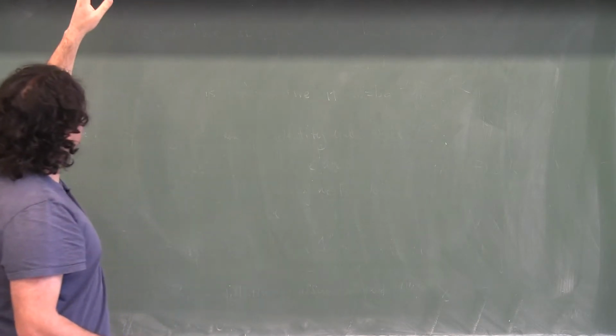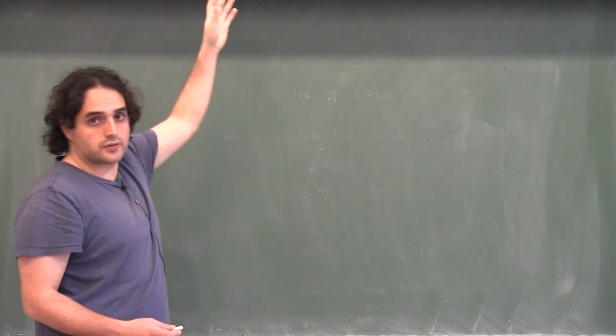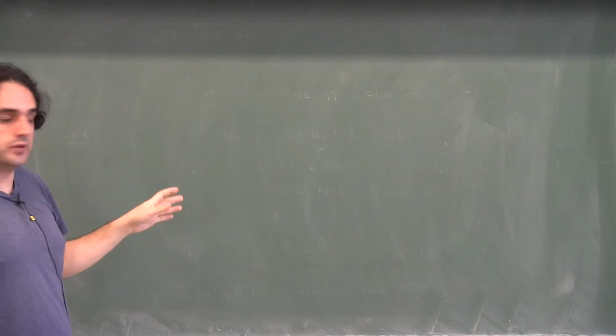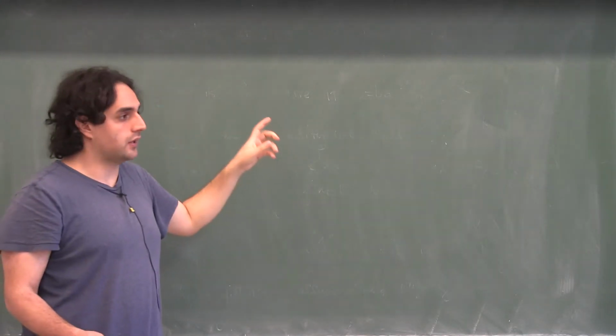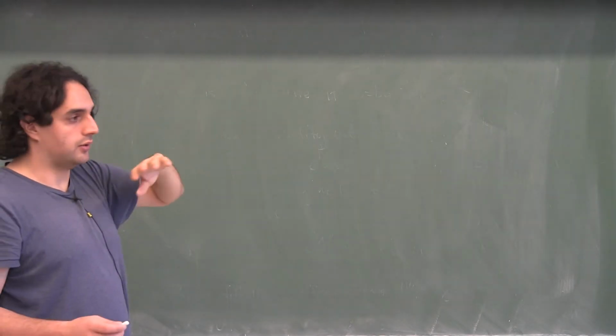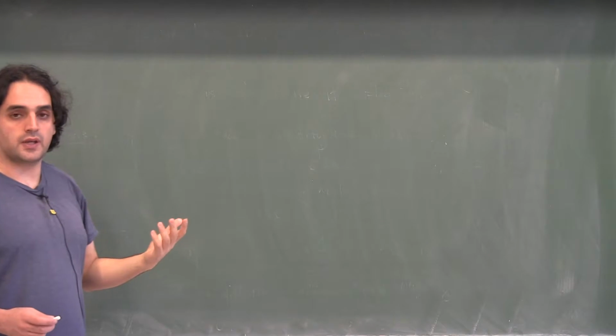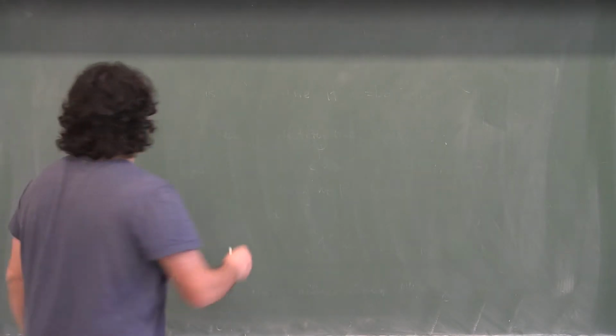Okay, so now these are all commutative rings, and the main focus in this course is going to be on commutative rings. I will repeat that in a second, but before we leave non-commutative rings, let's just see a couple of examples of non-commutative rings.